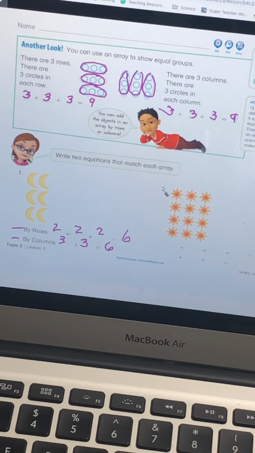I think these are suns, okay? So let's count going by rows, which is across. How many are in this row? And how many's in this row? And how many's in this row? And how many's in the last row? Wow.